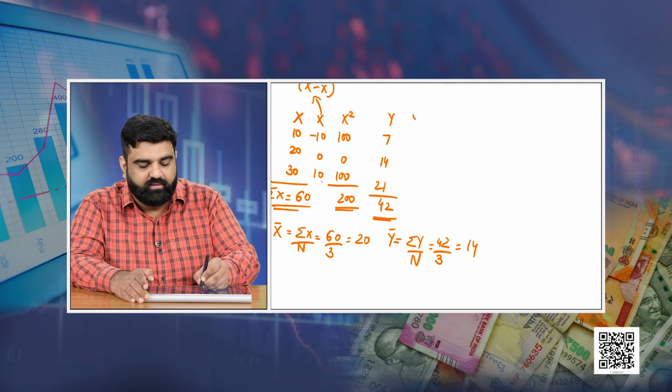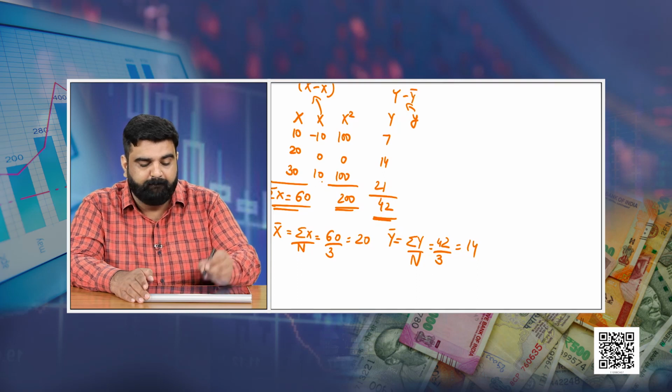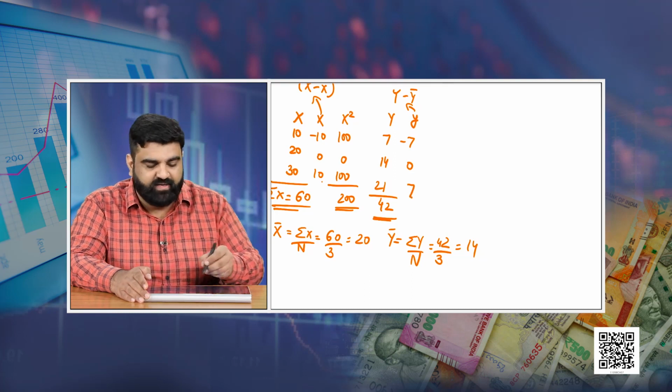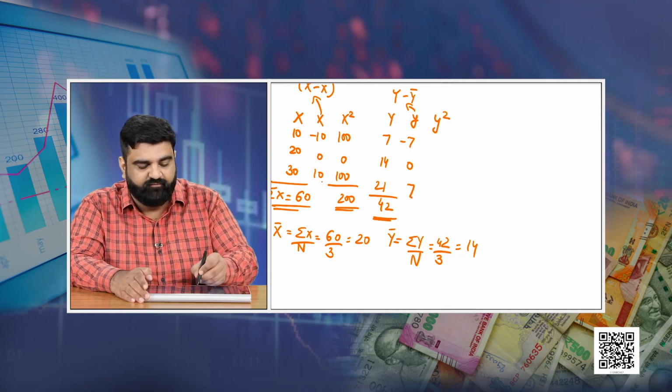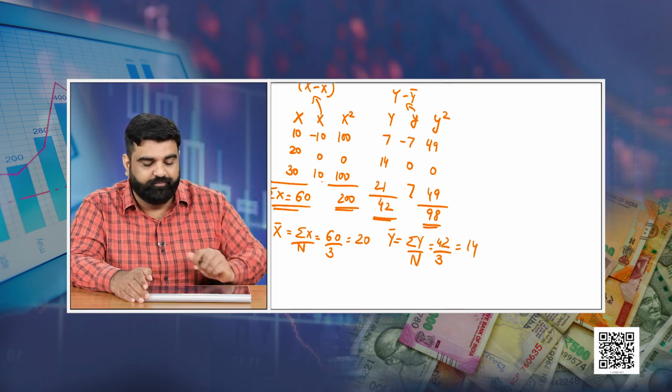Now, let us calculate small y, which will be capital Y minus mean of y: minus 7, 0 and 7. Let us square these values. So, we get y square, which will be 49, 0 and 49. The total of this will be 98.